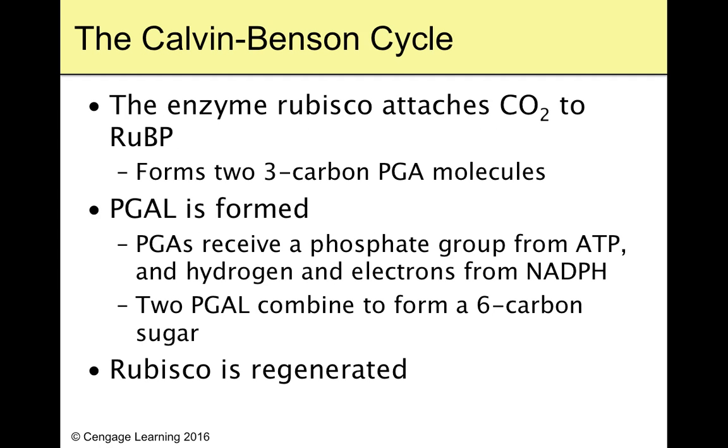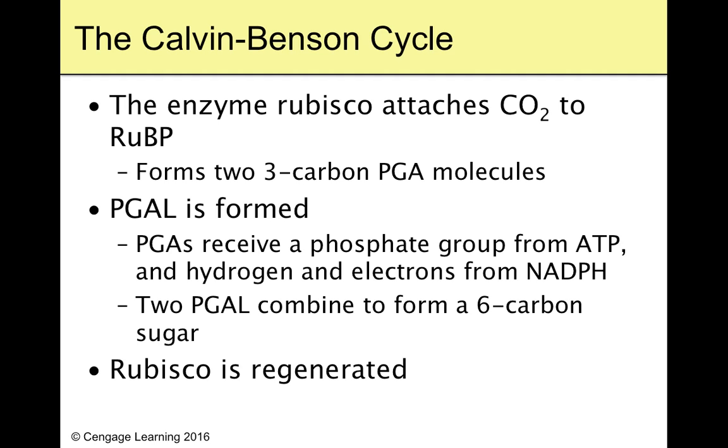The Calvin-Benson cycle starts with the enzyme called Rubisco, sometimes called Rubisco BP. And food for thought, this is most certainly the most abundant protein that we know of on our planet. It's that important. So the RuBP is what we're going to connect CO2 with, and that's why it's so abundant.